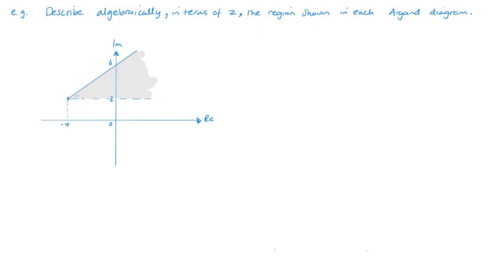I'm told that this is the point minus 4, 2, and it crosses the y-axis, or the imaginary axis, at 6. So it's crossing two lines. This line here is going to be arg(z minus (minus 4 plus 2i)), and this is going to cross at 0. Then we want to work out this line here. I need to look at where my point is.